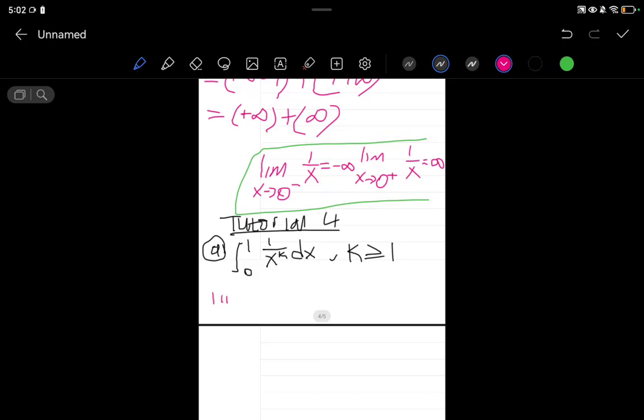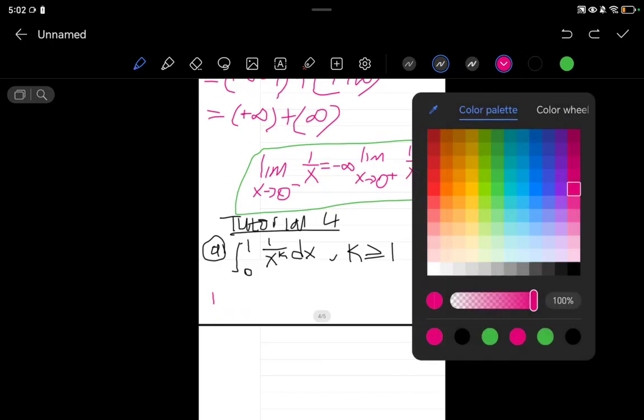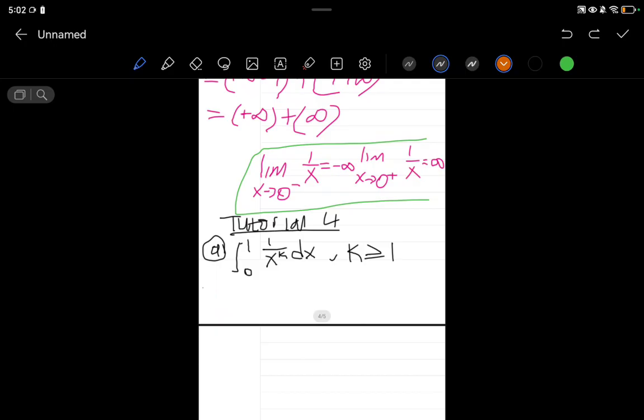So I'm gonna have the limit as A approaches 0 from the positive of the integral from A to 1 of x to the minus k dx.